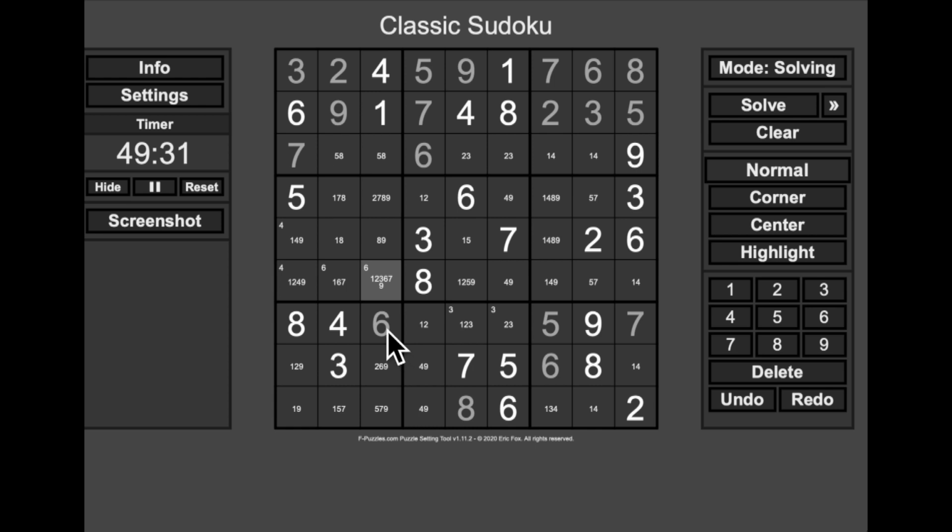Which means this is not 6. That is 6. So it means that's not 6. Okay. 5 or 7 are looking there. That's annoying.